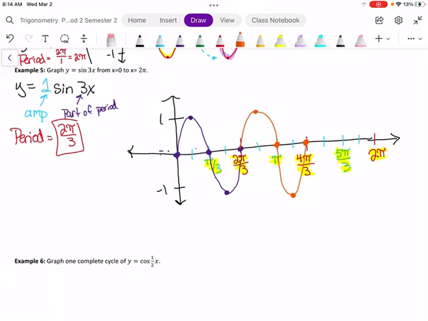And then our next section, again, between 4 pi over 3 and 2 pi. In the middle of that, we're going to be at 0 again. And then we're going to go up and then down.